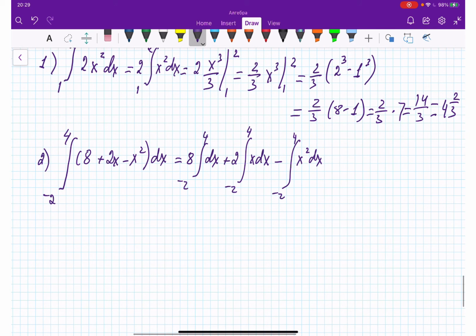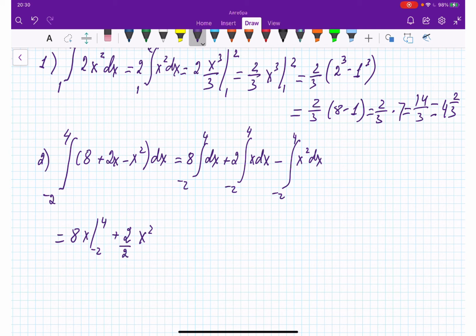Okay, this is going to be equal to 8x from -2 to 4, plus 2 times x squared divided by 2, right?